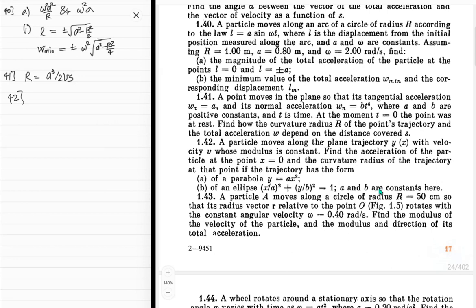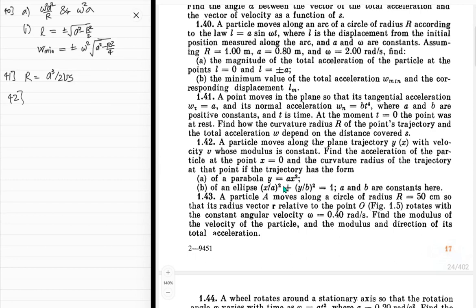Okay, how do we do this? So it moves with a constant velocity. Acceleration of the particle at point x. Okay, so you have to find acceleration anyway. You can just keep on differentiating this, but that would be really not good to do. It's a constant velocity, you say.